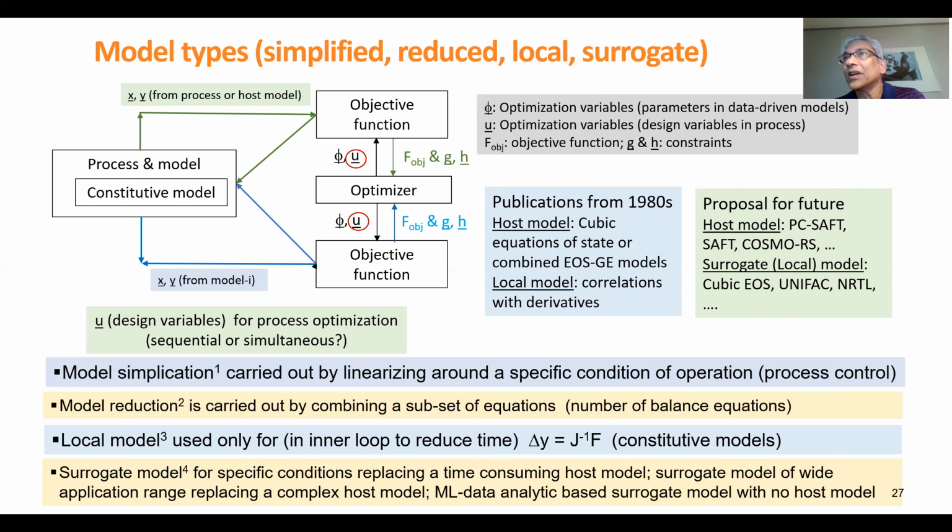But the data of the host model will fit the parameters for the local model. And if we can do that, I think we can get much, much better results, using very accurate property models, which are needed for many of the problems we want to solve.